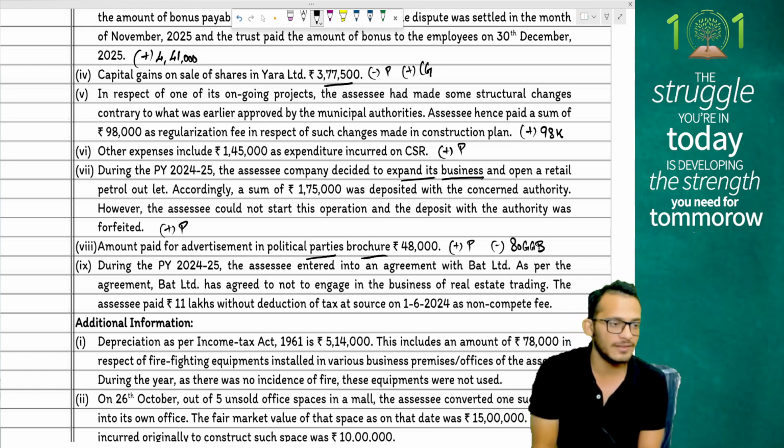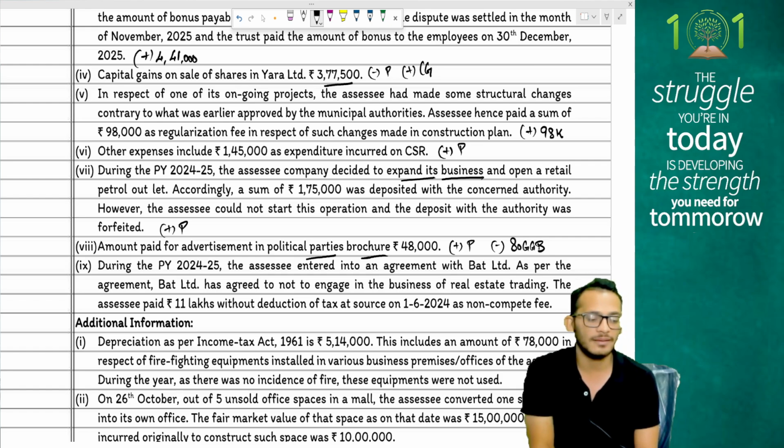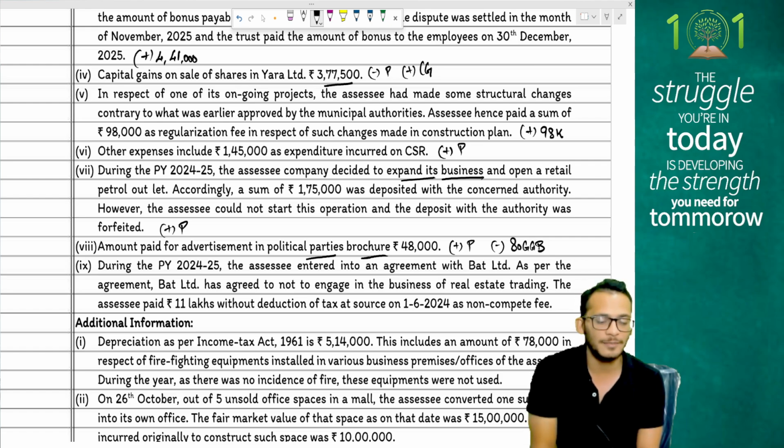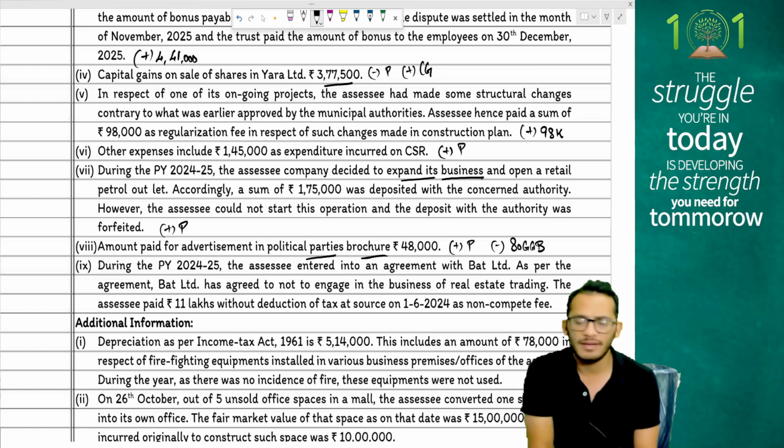Next, during the previous year 24-25, the assessee entered into an agreement with BAT Limited. Under the agreement, BAT Limited has agreed not to engage in the business of real estate trading. The assessee has paid 11 lakhs without deduction of TDS as non-compete fees. It's a revenue expense for sure, but the trigger point is 40(a)(ia).